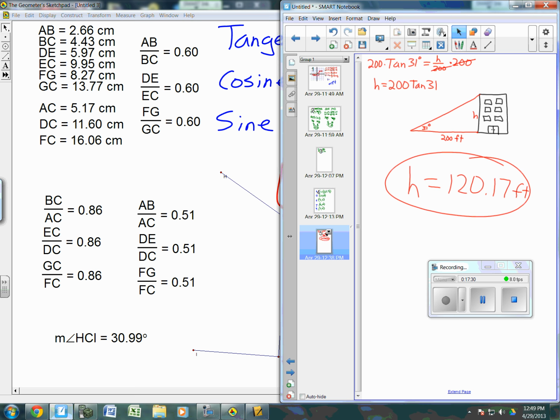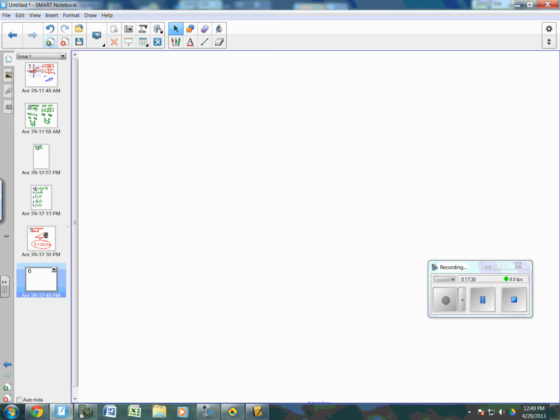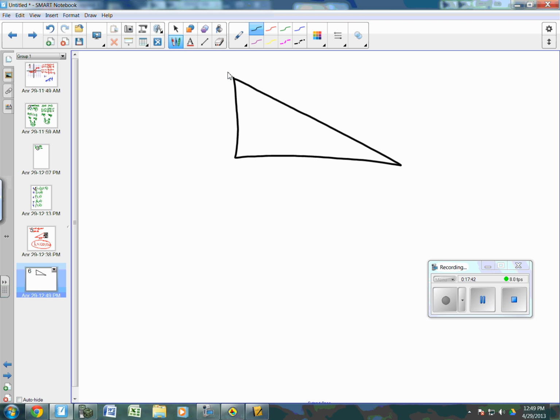Okay. So let me do another problem, you guys. I skipped this one. Maybe that's why you're having a hard time understanding it. Everybody look at this one right here. If this is A, this is B, and this is C, this is going to be little c, this is little b, and this is little a.